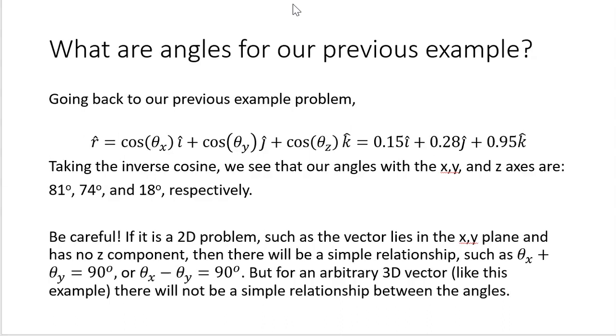I mean, if you draw that picture, it seems pretty straightforward. But in 3D, there's not going to be that simple relationship. It's not going to add or subtract to give you 90 if it's just some arbitrary three-dimensional vector. So I wanted to do this example so that you wouldn't have that expectation.